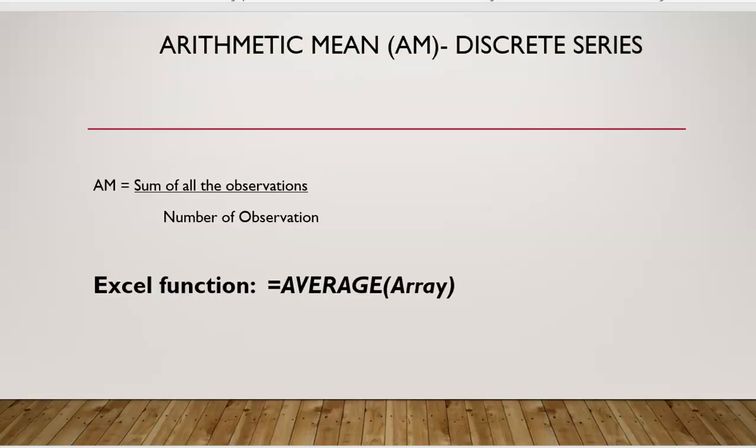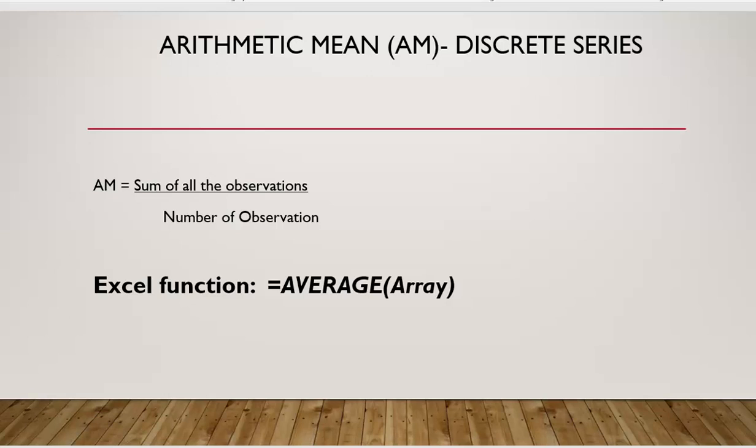Let's move on. When we talk about mean in statistics, we are only concerned with the arithmetic mean. There are three types of means: arithmetic, geometric, and harmonic. But in statistics, when we say mean, we mean the arithmetic mean. It is the sum of all observations divided by the number of observations.